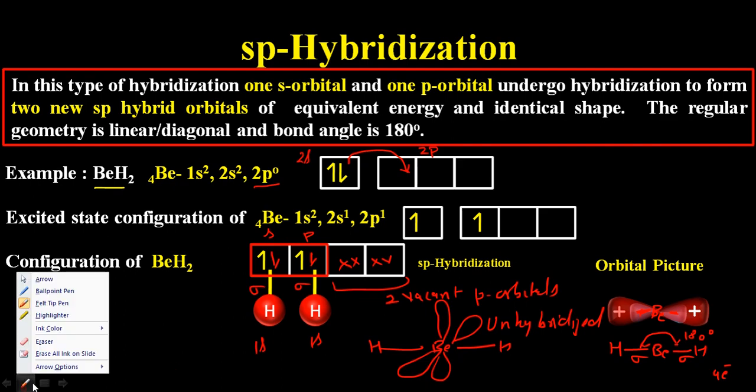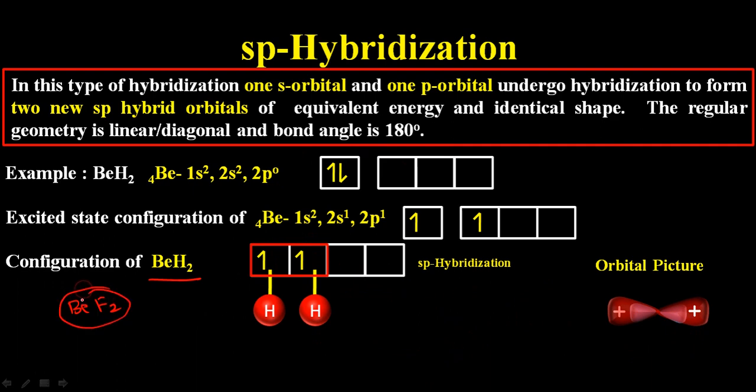In case we have the molecule of BeF2, then in place of hydrogen atoms, we will attach the 2 fluorine atoms through sigma bonds. In case of fluorine atoms, we know that the atomic number of fluorine is 9 and its configuration is 1s2, 2s2 and 2p5. So in the second shell we have the 2s subshell and the 2p subshell.